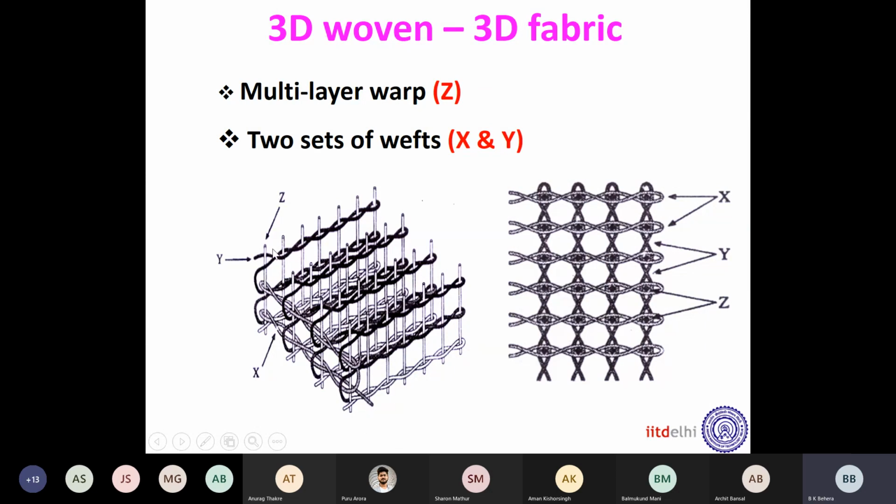That means we have a set of weft going in this direction, another set of weft going in this direction, one in horizontal direction, another in vertical direction. So we have only one warp, that is Z plane, and two weft, one horizontal, one vertical.